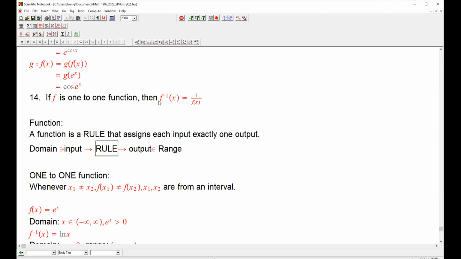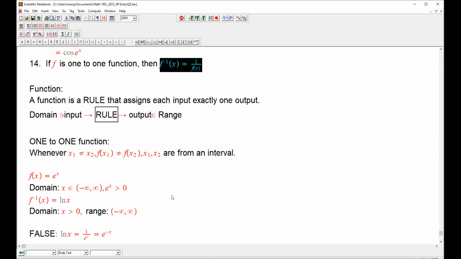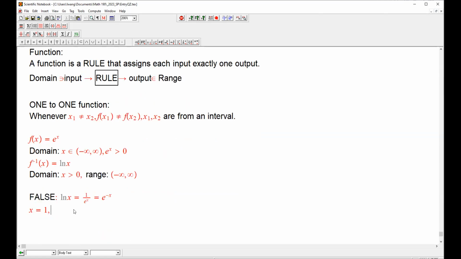And we see this mistake in other forms. Before we see the other forms, you can see when x equals 1, ln 1 equals what? Equals 0. And what is e to the power of negative 1? It's 1 over e.